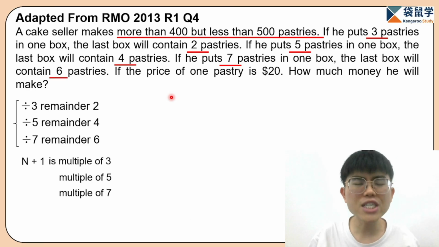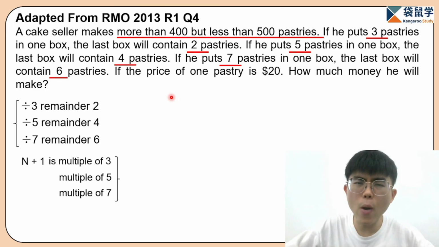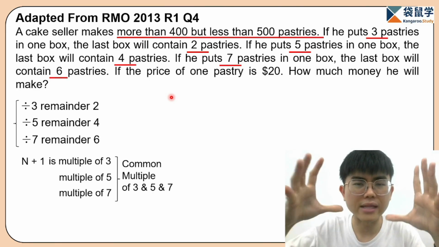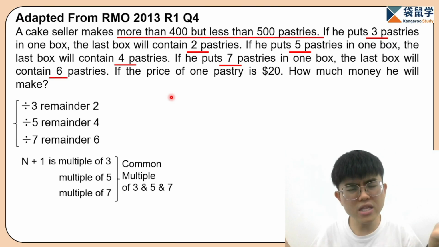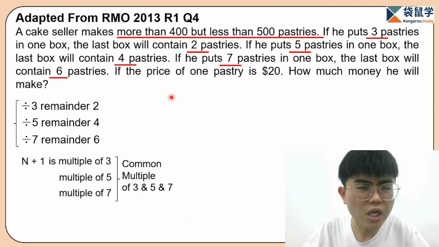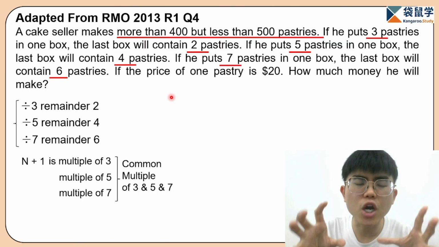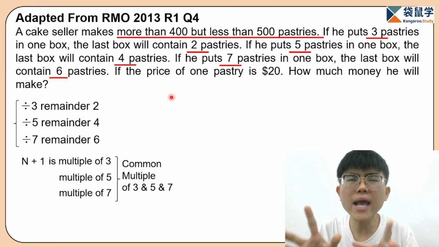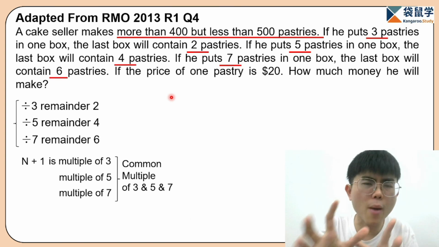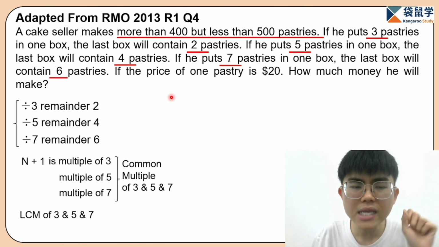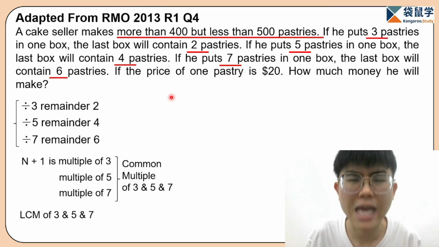Again, from these 3 conditions, what we want to find is just the common multiple of 3, 5, and 7. But in this question, it didn't say that we want to find the minimum n. So what we want to find is just the common multiple of 3, 5, 7. But everyone, to make it easier to find all the common multiples of 3, 5, 7, we try to find the least common multiple of 3, 5, 7.